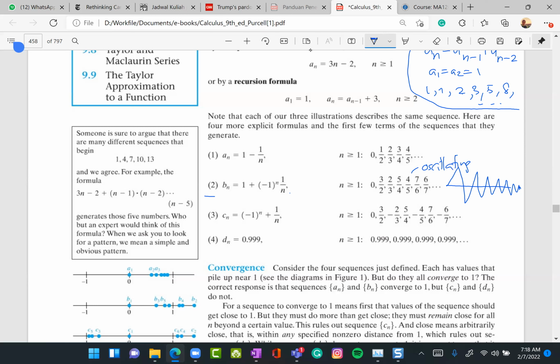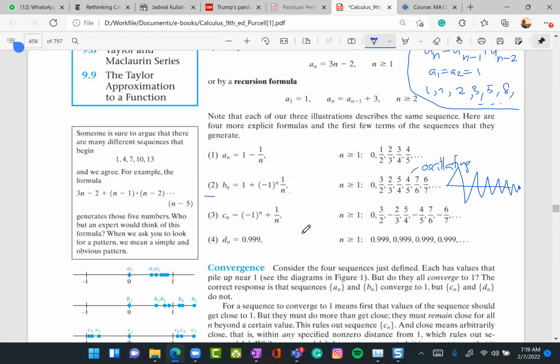Oscillating near 1. Or you may have also this one. Or this one is just a constant sequence. So a_n is 0.999 regardless of n. You start with this and just keep repeating on and on and on.